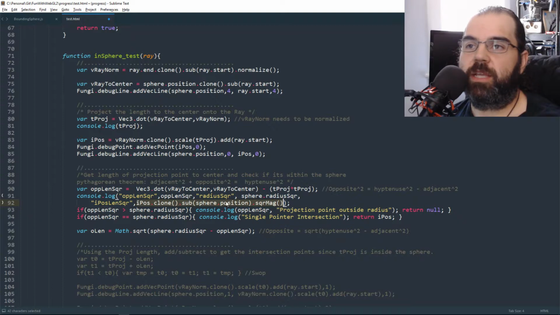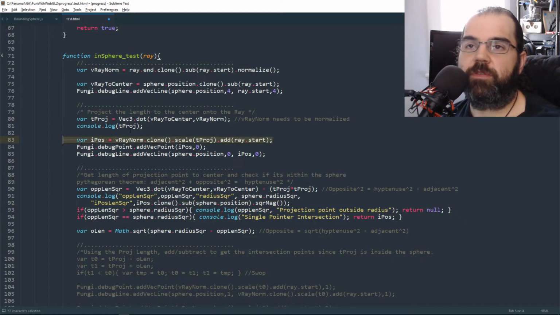Or we can just take this value and say dot twice, because they create the exact same thing. But since the vec3 already has a function that does a dot product on itself to get the square magnitude, we can just call it right there. Makes things easier. But that's if we want to calculate IPose.